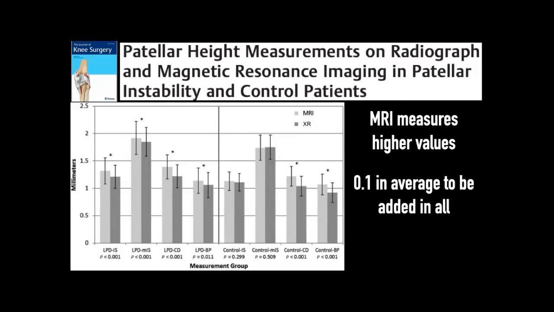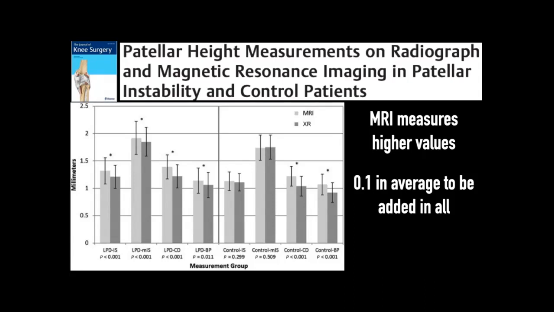This is the study, and according to her, every measurement in MRI is higher. All of the measurements, be it the Insall-Salvati ratio, modified Insall-Salvati, Blackburne-Peel, or Caton-Deschamps, everything is increased in MRI measurements, and the average increase was 0.1.